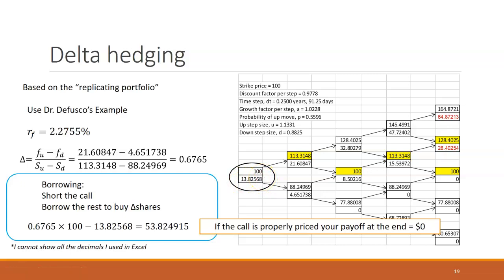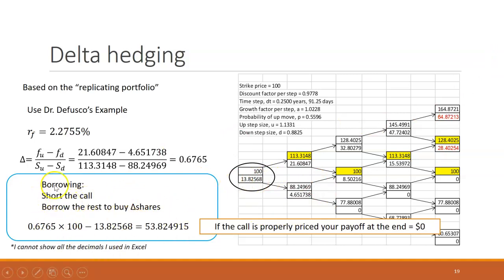And there's a cost to setting up the replicating portfolio, all right? You have to buy that number of shares using a certain amount of borrowed money, and the amount of borrowed money you have isn't enough to buy all the shares you need, so you have to add additional funds, right? And the additional funds that you have to add should be the cost of the call.